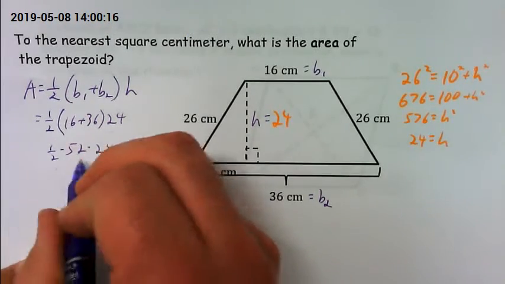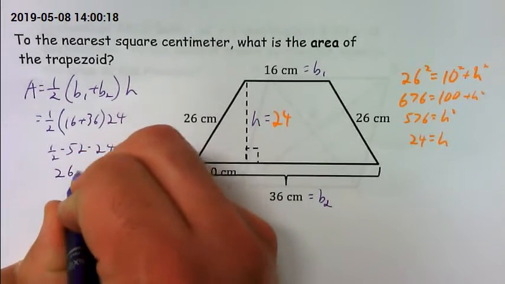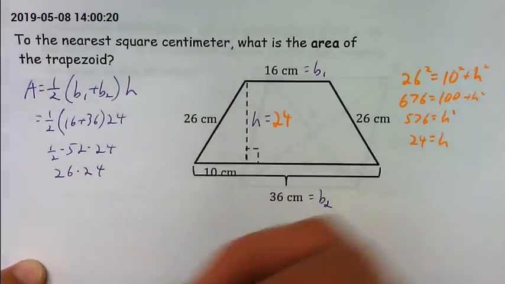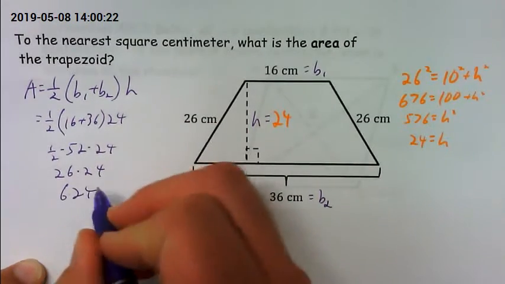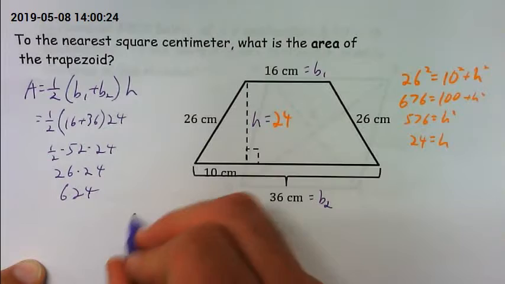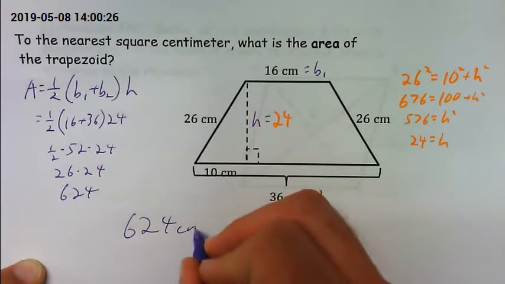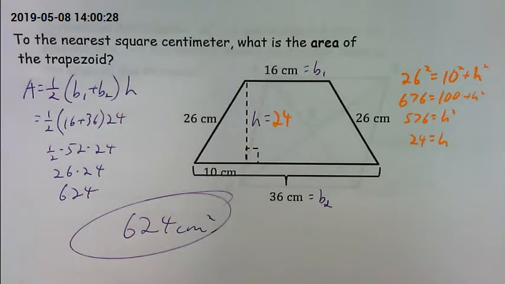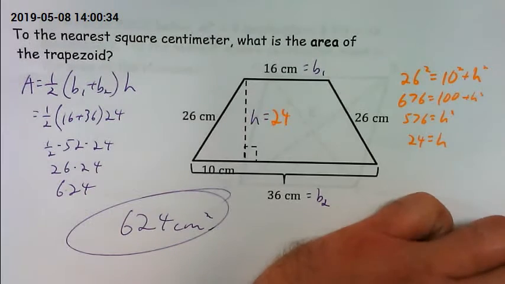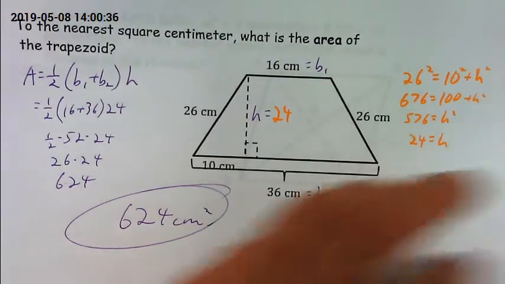I'd go ahead and do half of 52 and get 26 times 24. 26 times 24 is 624. So, 624 centimeters squared. Any questions? All right.